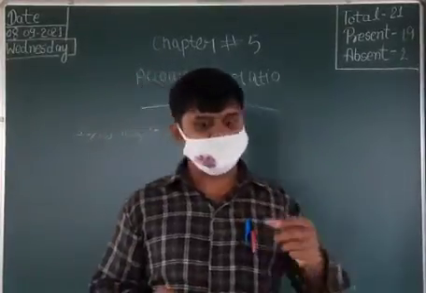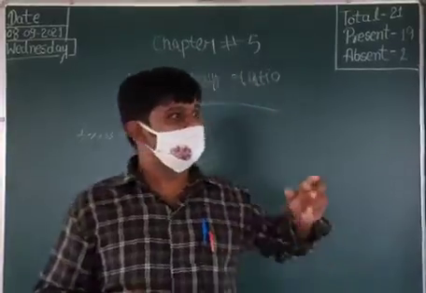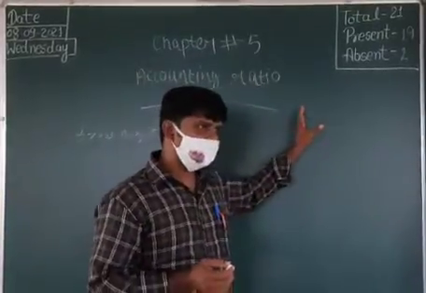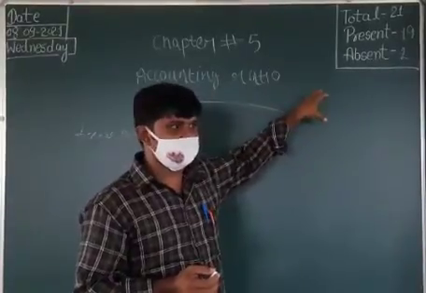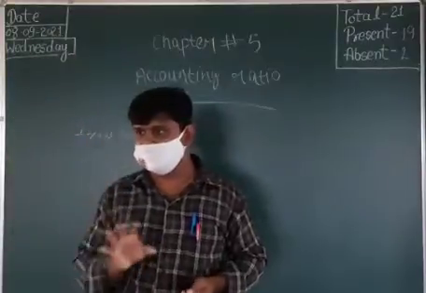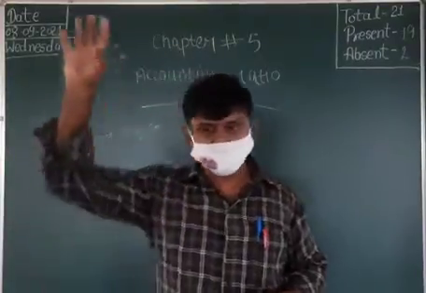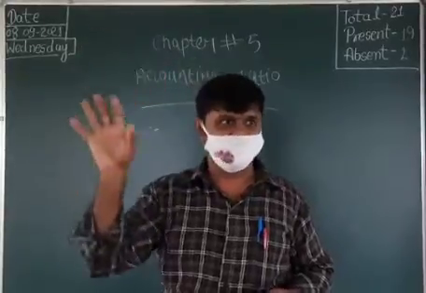Next is the cost of operation. In order to get this revenue, that is the sales amount, we will not get it simply, as if we are doing some magic, creating something in the air. It is not possible.